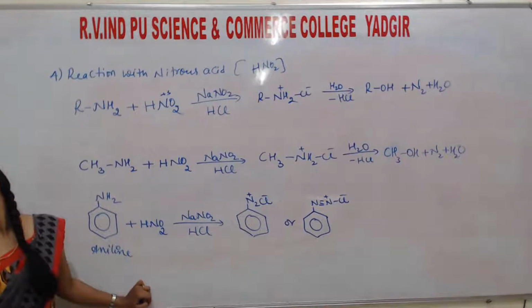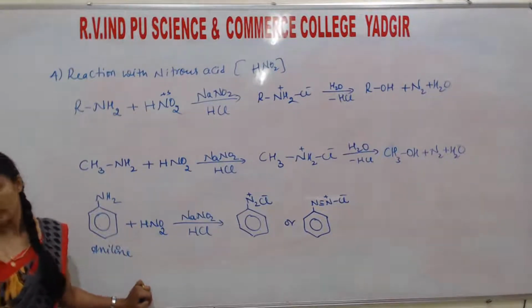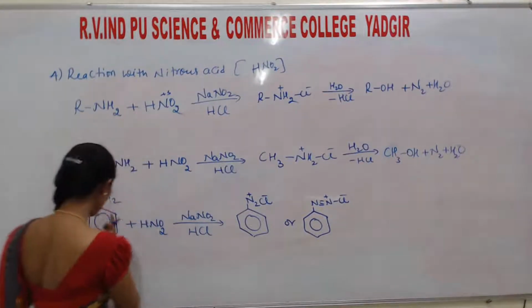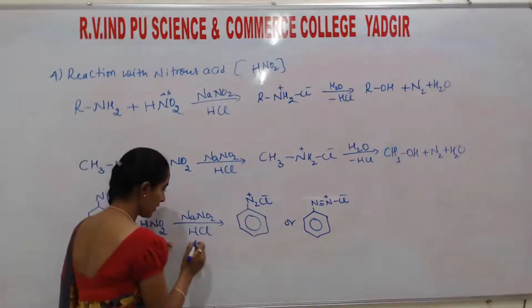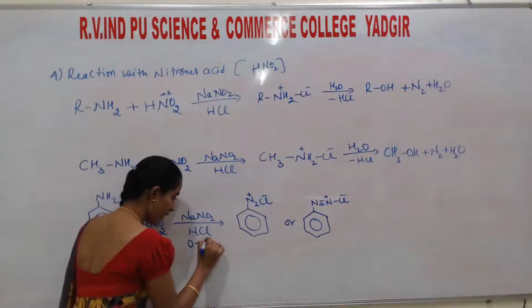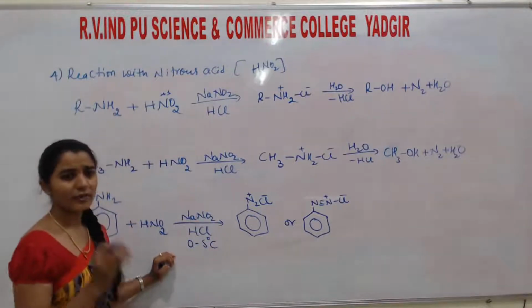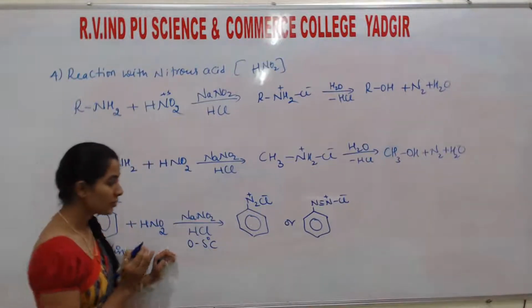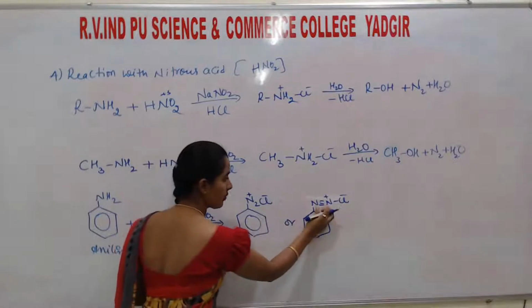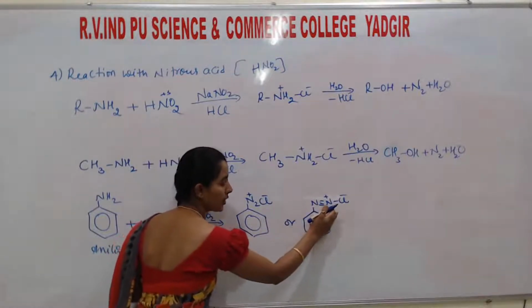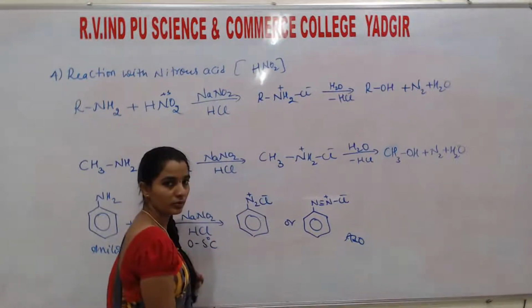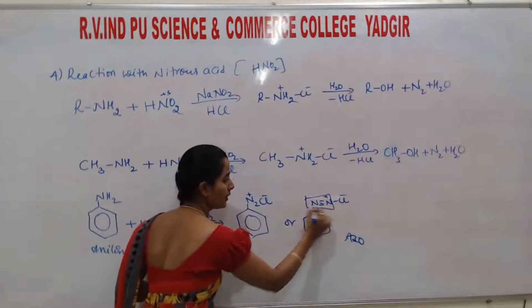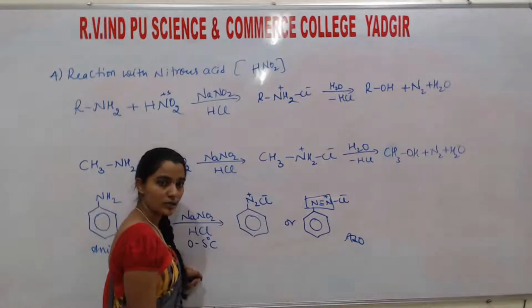Okay, so this one is nitrous acid. When this aniline reacts with nitrous acid in presence of NaNO2 from 0 to 5 degrees Celsius, remember, very cold condition, then they form this type of compound. Here N double bond N is there, that is called the azo group.